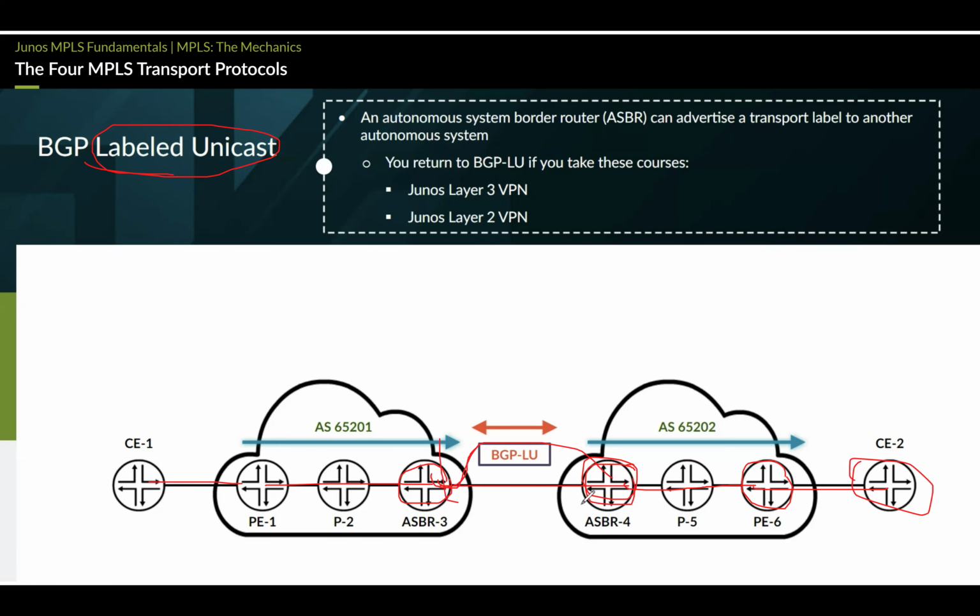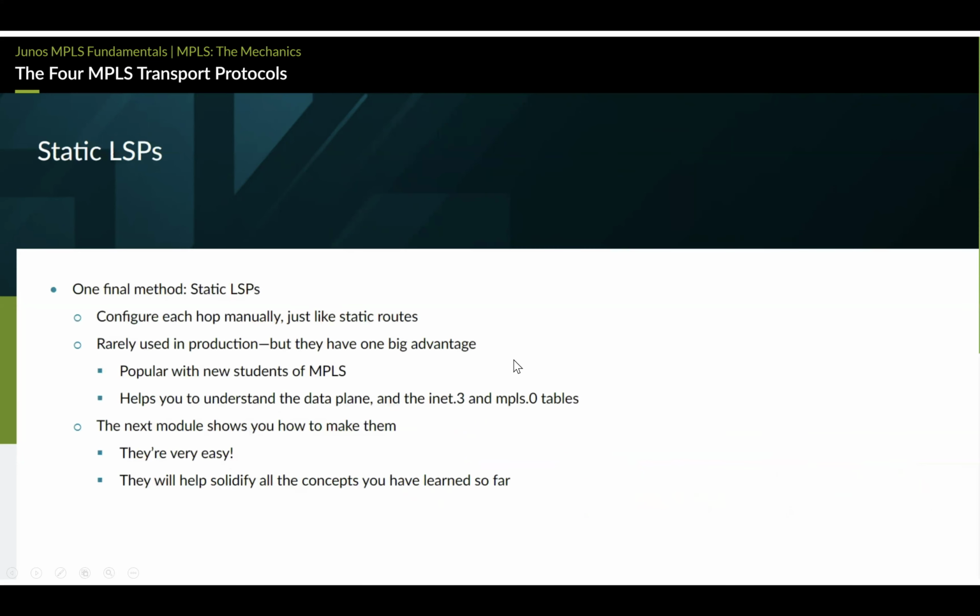So there is no MPLS here. BGP will carry the MPLS label value; the BGP neighbor carries the MPLS label value through the label unicast family. Okay, thank you, sir. So this is the BGP magic, not the MPLS magic here.